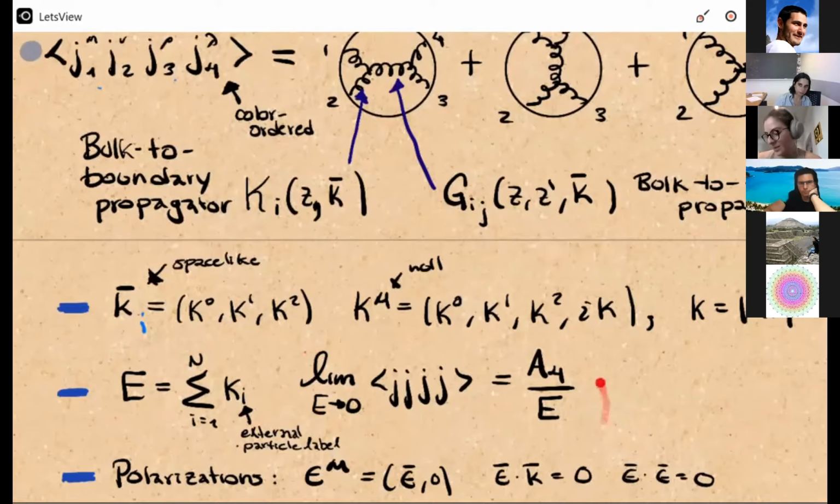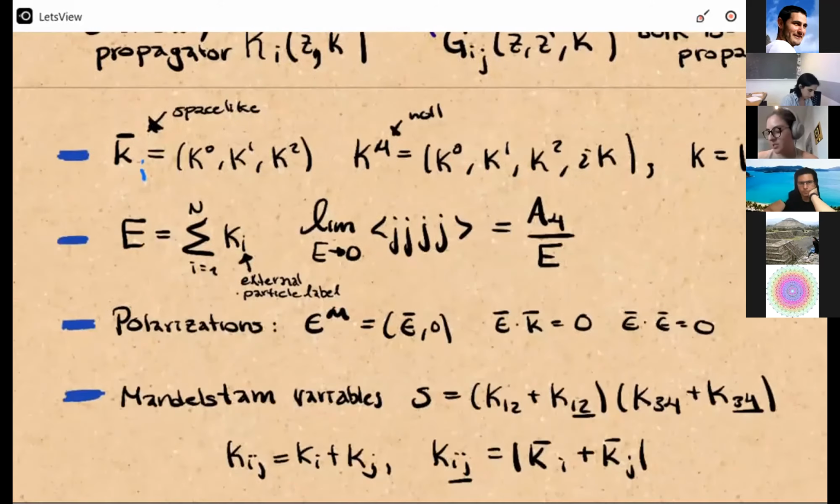The fact that we have this limit is also what encouraged people to think that, since we have flat space correlators, it's very likely that the same works here. Again you require these polarizations as usual.